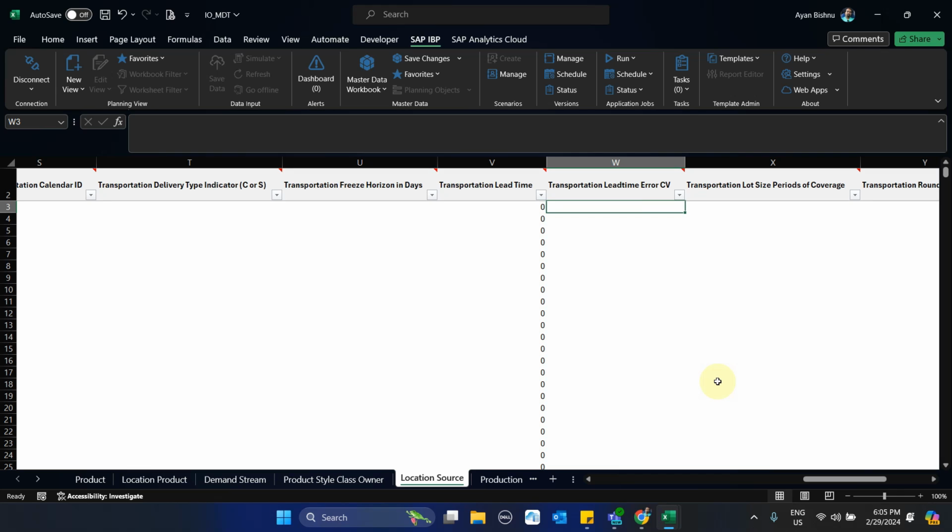Because at a high level, inventory optimization basically works on three variabilities. One is your demand variability, that is how accurate your historical sales are compared to the actual forecast.